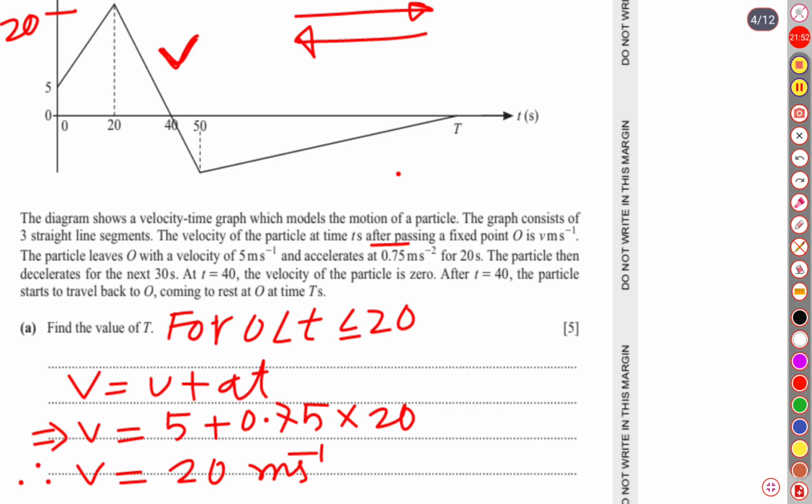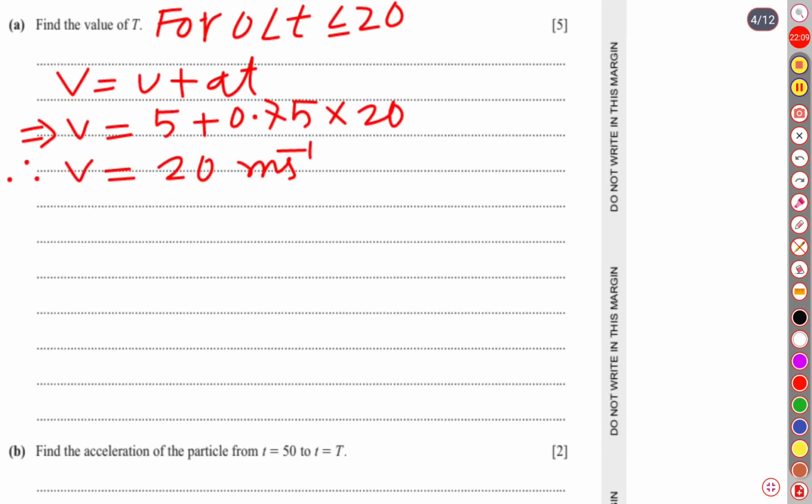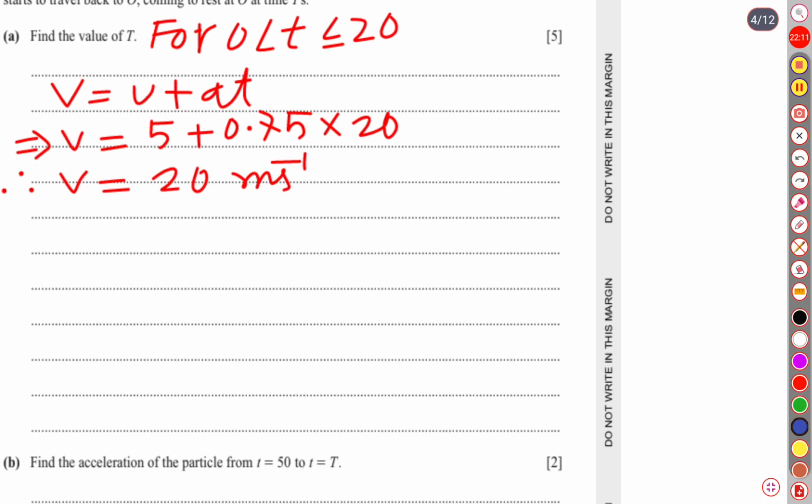Then we will have to find the acceleration of this part. This part and the upper part are the same. So we will write here for, let me change the ink.